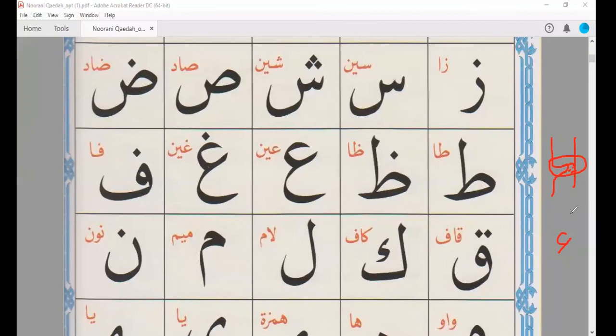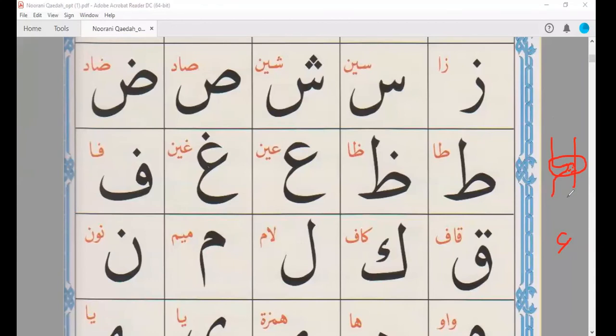If you are one of those who do not know how to pronounce ain and they get hamza every time they try, do not pronounce it by closing the throat. Pronounce it by keeping the throat the way it is, just slightly squeezed.